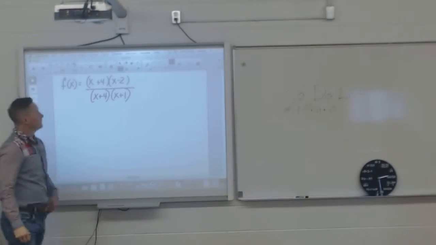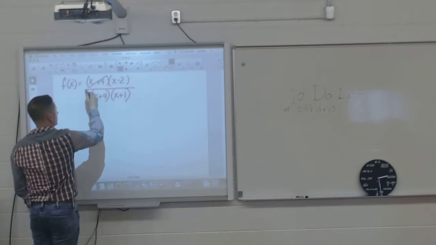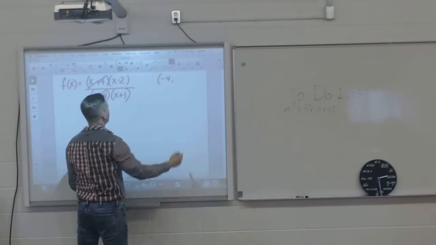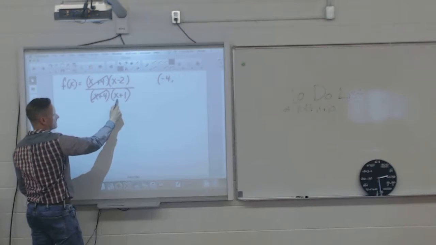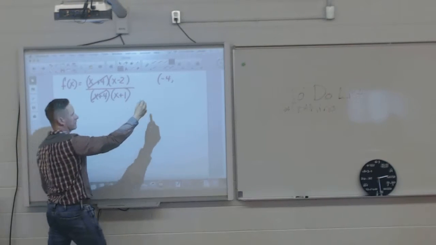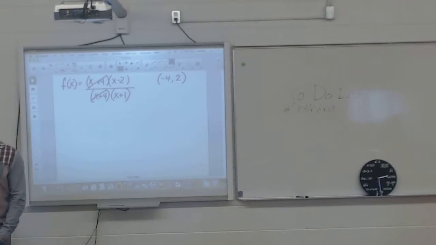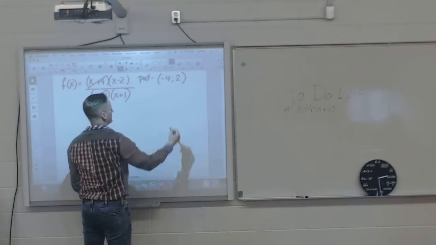Okay? What do we notice? We for sure have a point of discontinuity, and that is at -4. Put that in here: -4 makes that -6 over -3, which is 2. So I'll put the point of discontinuity right there.